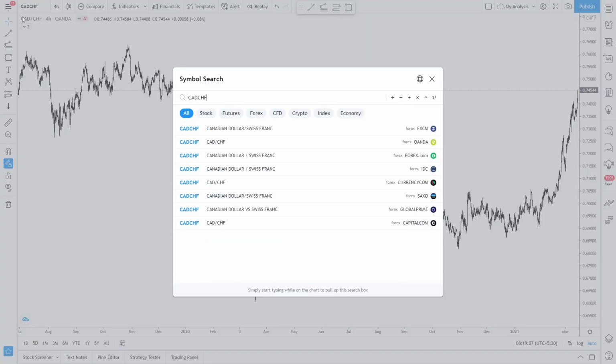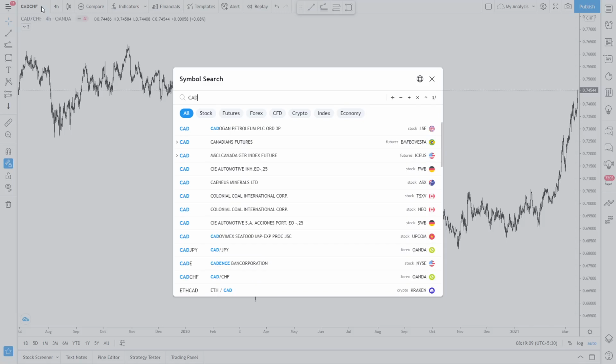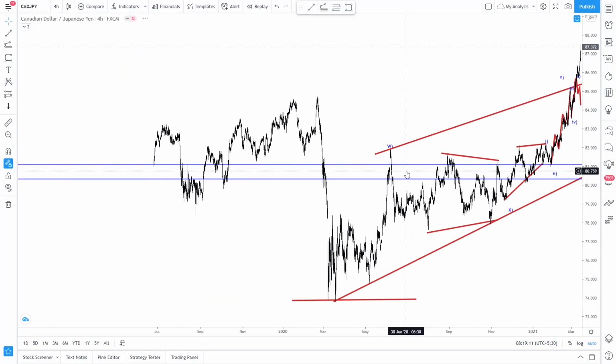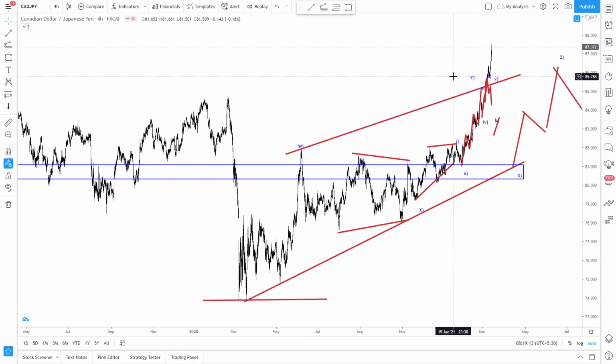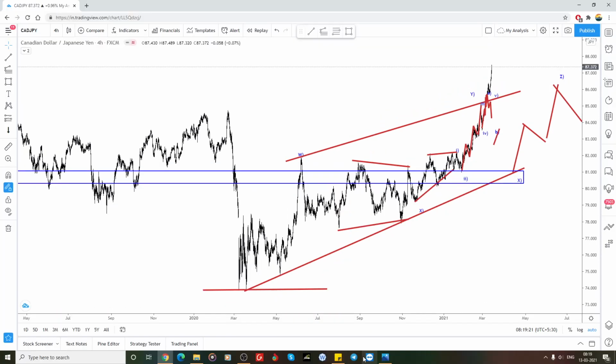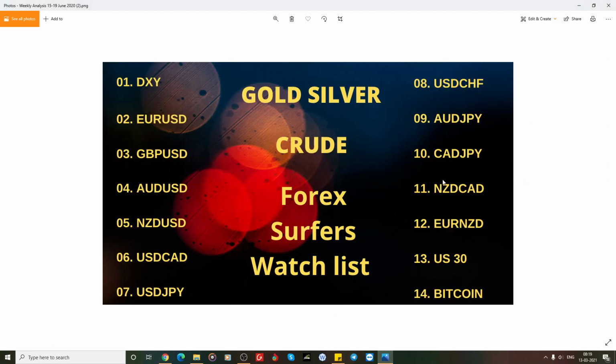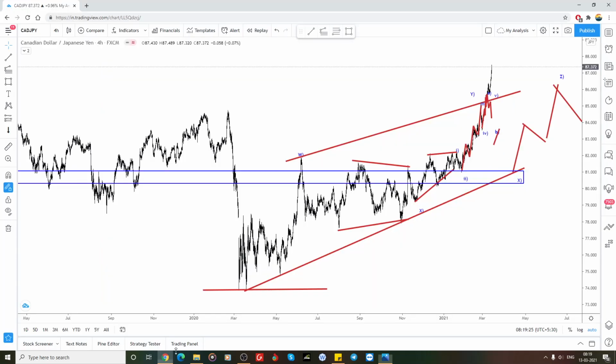Okay. So CAD JPY, sorry for that. I'm looking for the CAD CHF, right? So CAD JPY, CAD CHF is not in our watch list. So something happened, confused. Yeah, CAD JPY only.